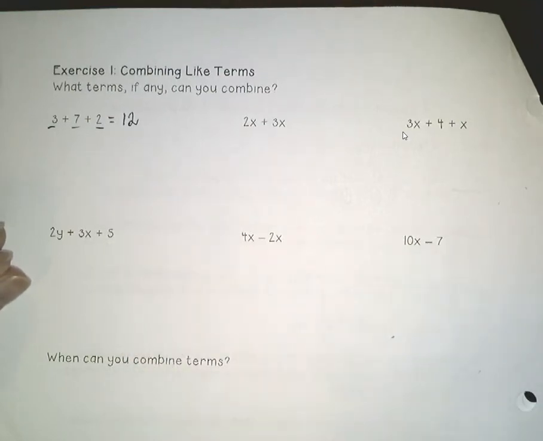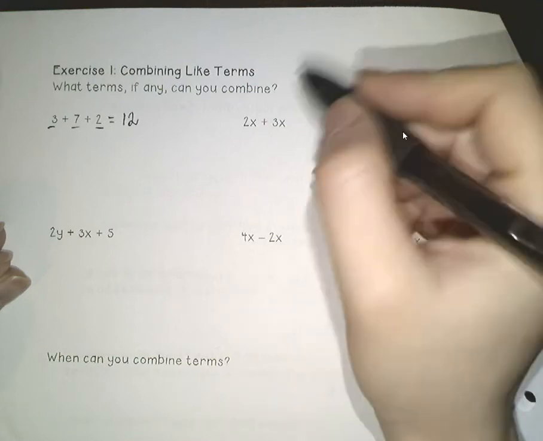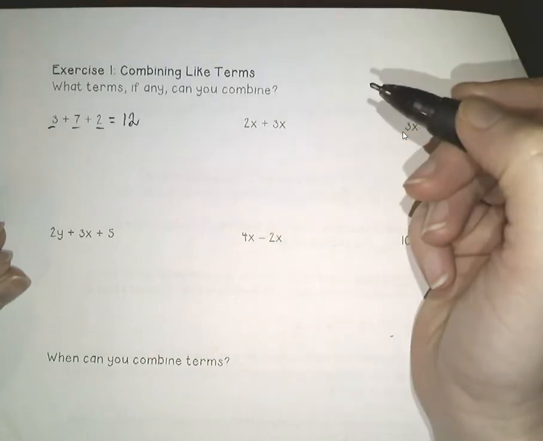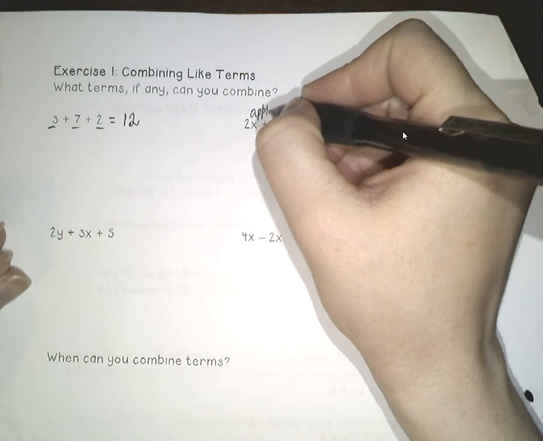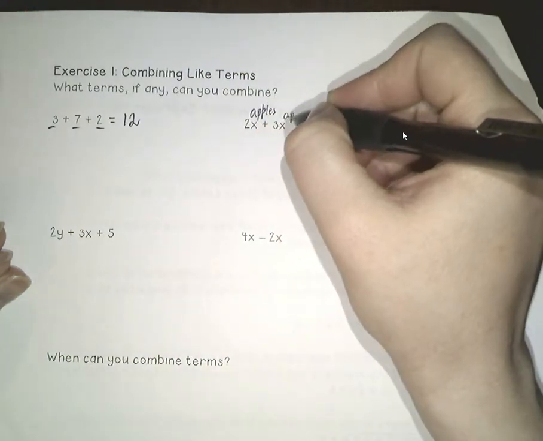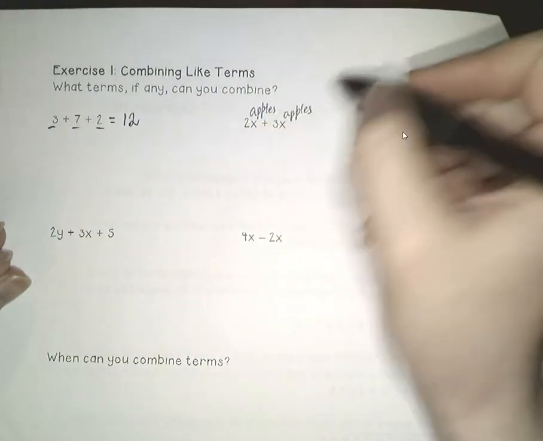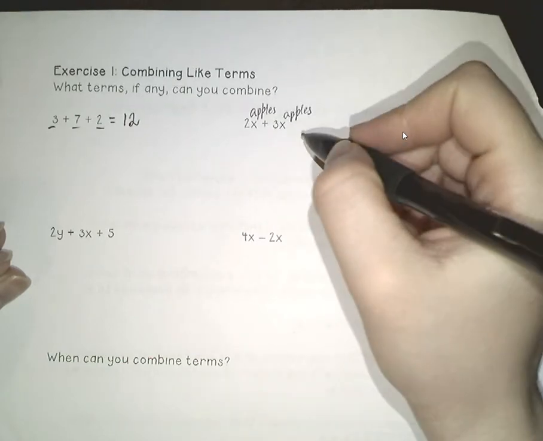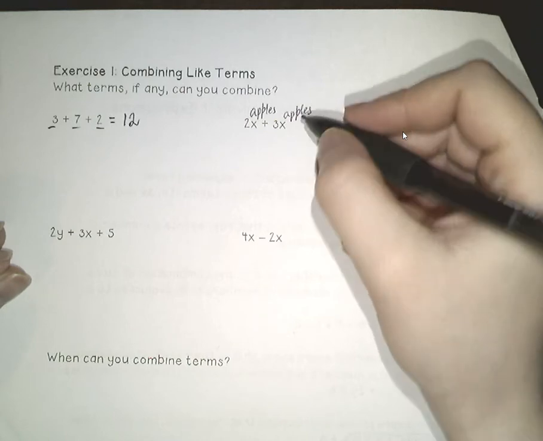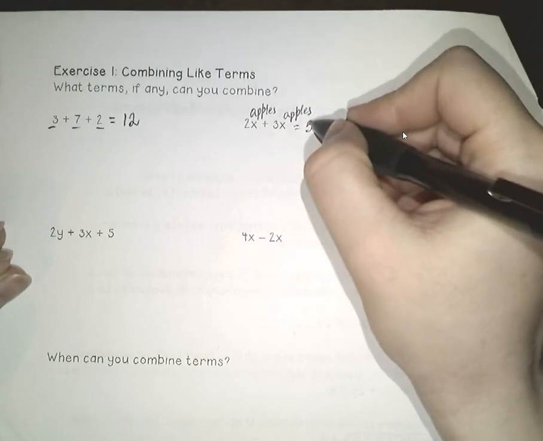Next one is 2x plus 3x. Both of them have x's. Instead of x, let's call them apples. So I have 2 apples and I have 3 apples. If I combine those apples, I will have 5 apples.